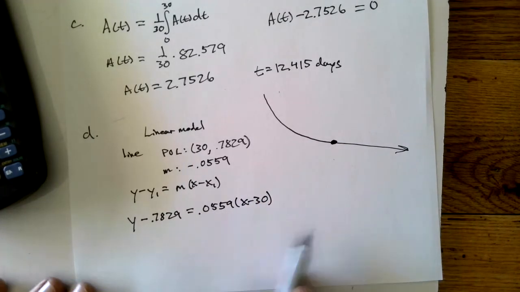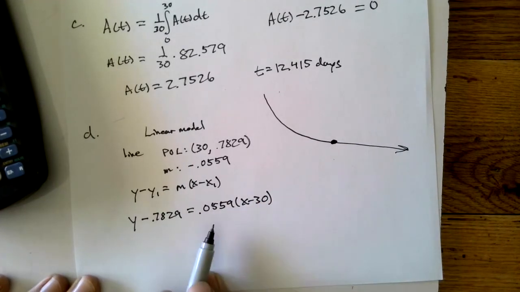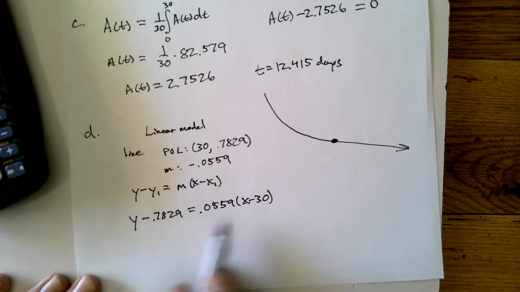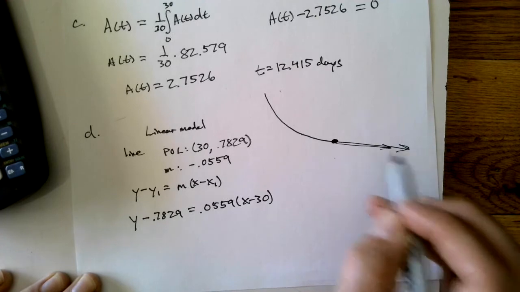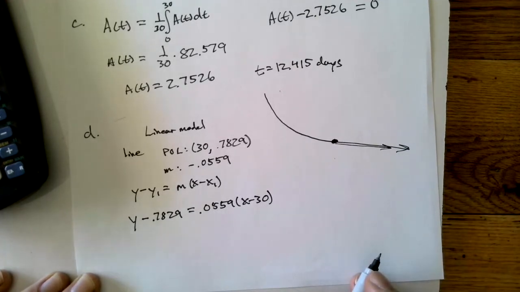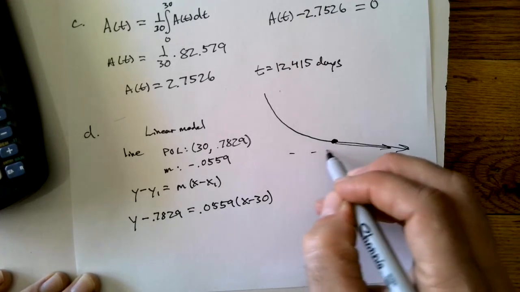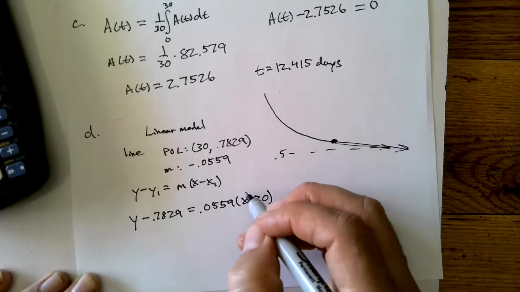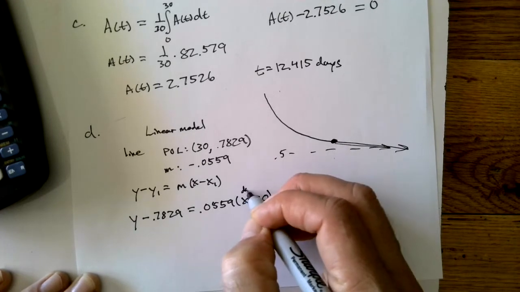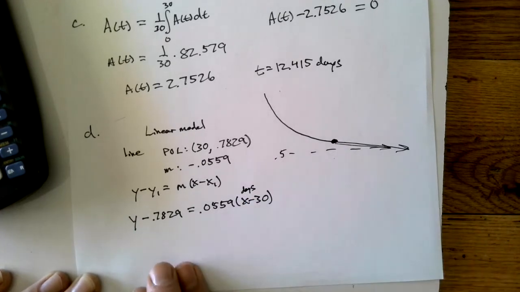And this linear model right here gives us a really good indication of what it looks like as it goes out. So the question is, when will there be 0.5 pounds of grass? So we're wondering how many days will there be 0.5 pounds?